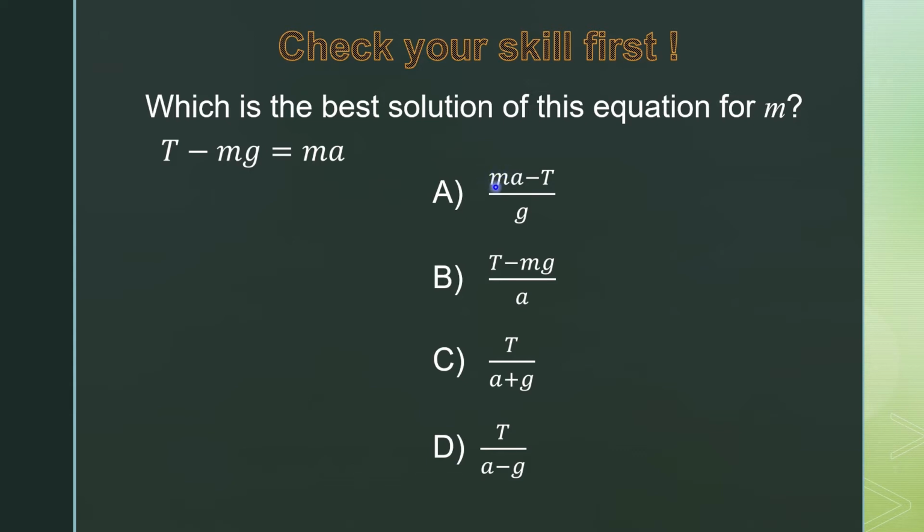There is M in the solution, but this question is about solving for M. If your choice was D, it means you made a sign mistake when you moved terms from one side of the equation to the other side. Now let's actually learn how to solve this kind of problem correctly.